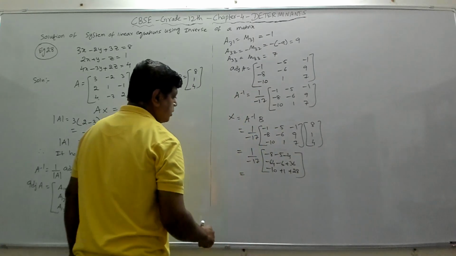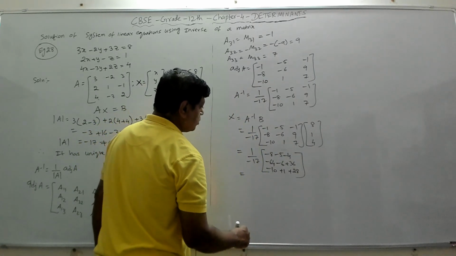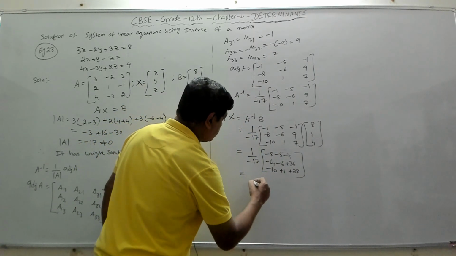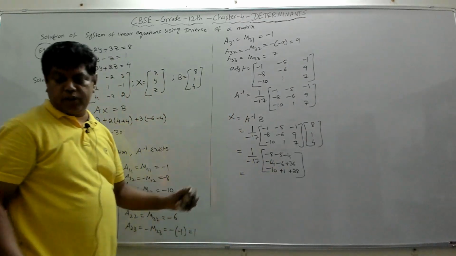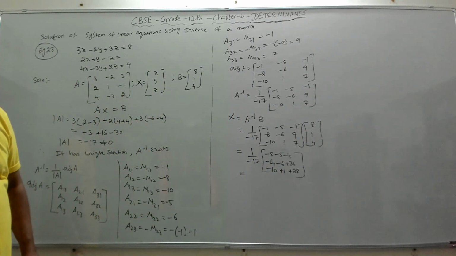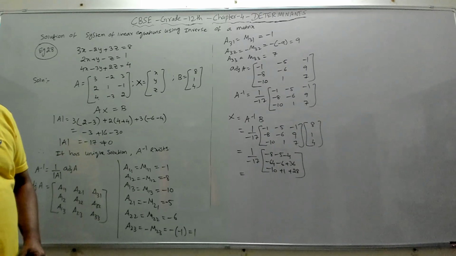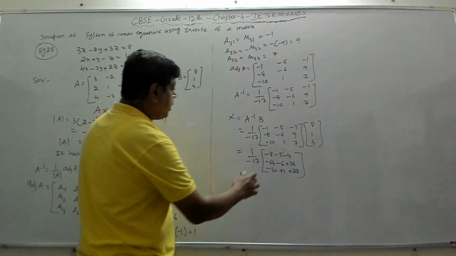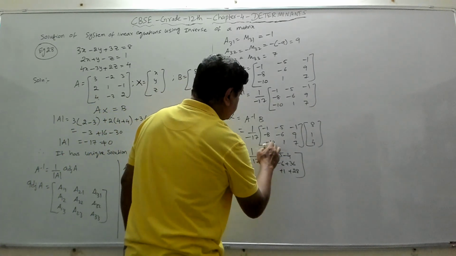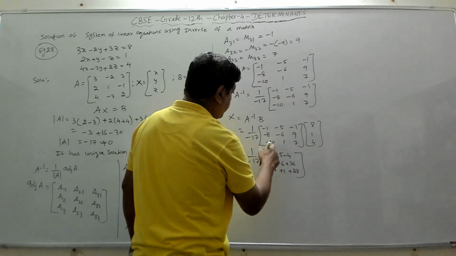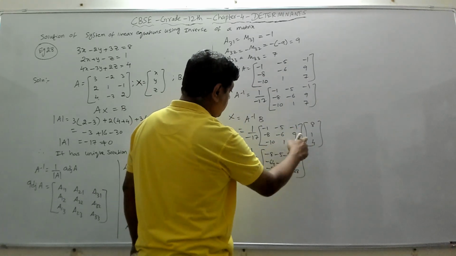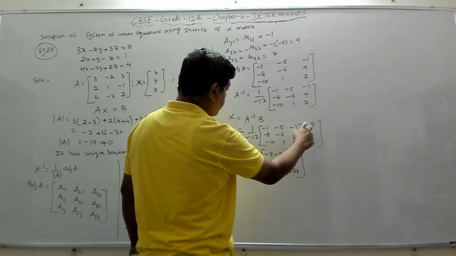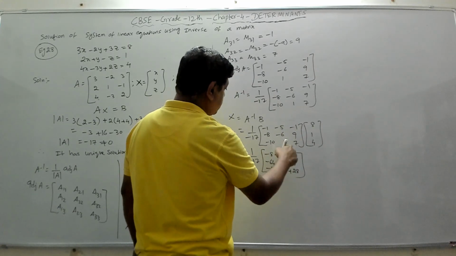Fine. Now if you try to solve these numbers: minus 10 into 1 is minus 10, 1 ones are 1, 7 4s are 28, minus 8 into 8 is minus 64, 6 ones are 6, 9 4s are 36, correct.